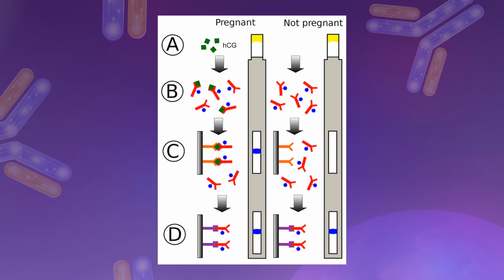Here we can see the color change in the two strips, positive patient, positive pregnant woman. After the hCG binds to the first antibodies with enzyme, the second antibodies bind to the already bound hCG, which triggers the color change.